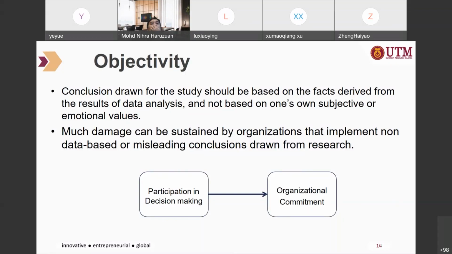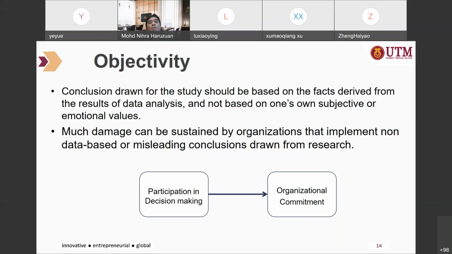So objectivity. What is objectivity? Conclusions drawn from the study should be based on the fact derived from the result of the data analysis and not based on one's own subjective or emotional value. This is objectivity.